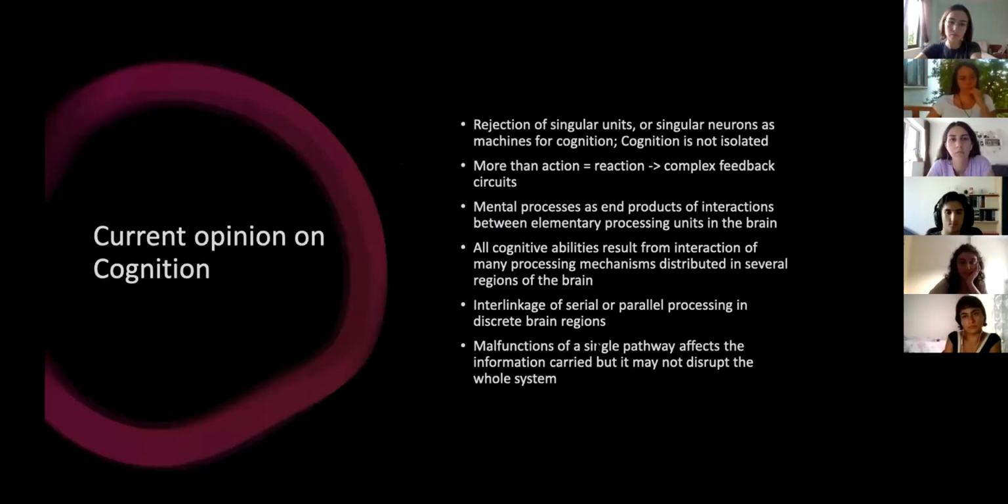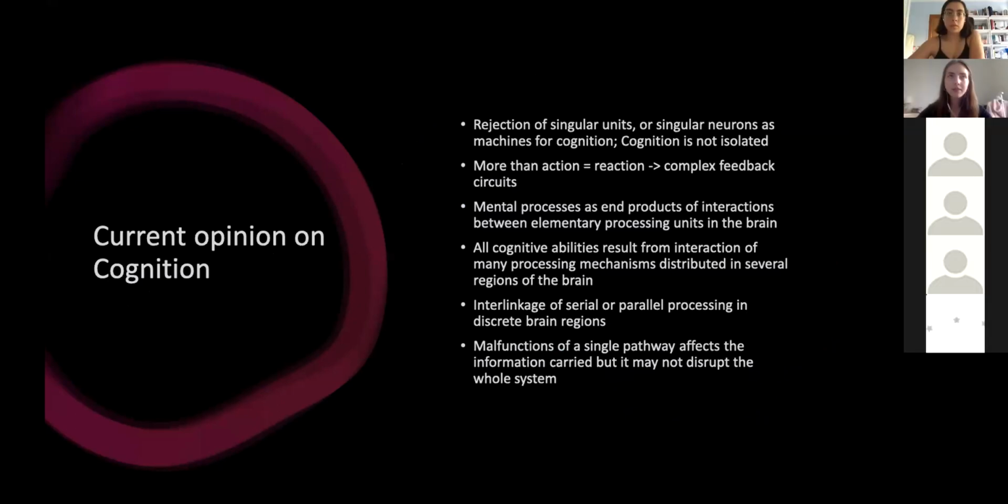So to go more into detail about cognition. Cognition is obviously thinking processes. It's complex thinking processes which arise from brain function in multiple areas. The current opinion, the conclusion that has been come to over years of research and different theories, is that cognition is not a process of singular units or singular neurons.